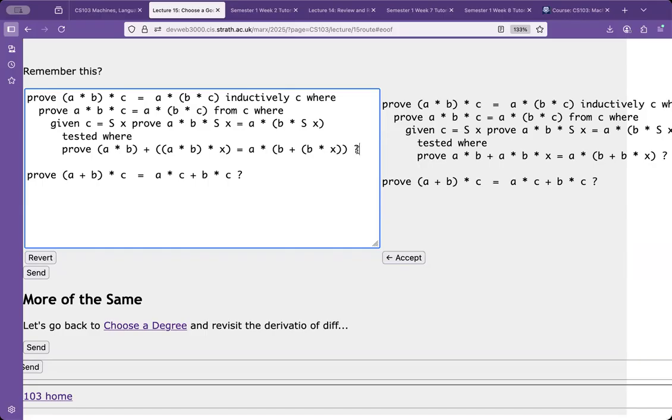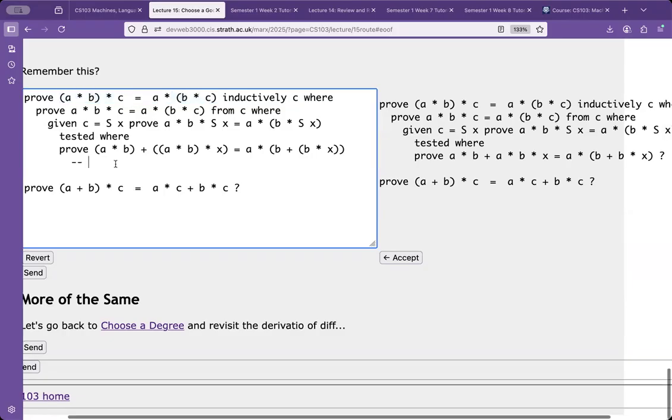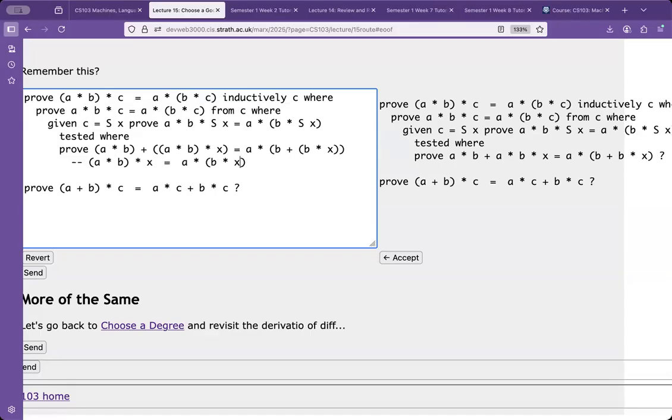All right. And I think we should probably write down the induction hypothesis. Copy the goal. We know this time that X is smaller than C, so we replace C by X. And then we ask, do you see anything you like?